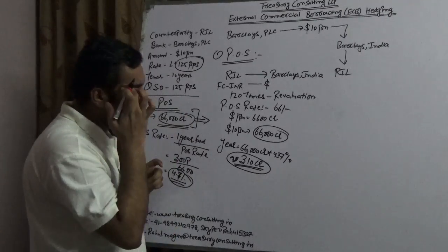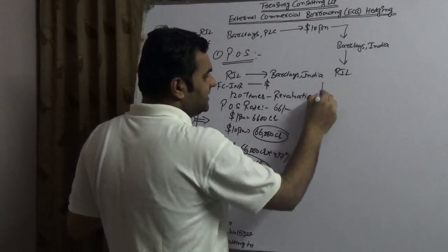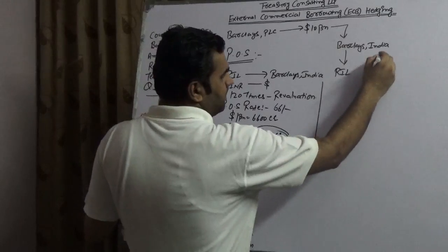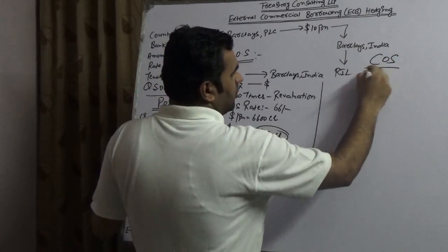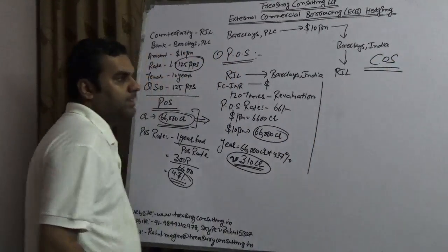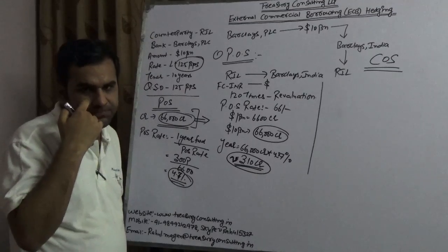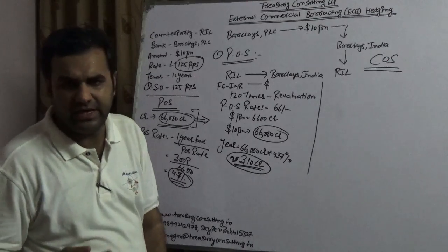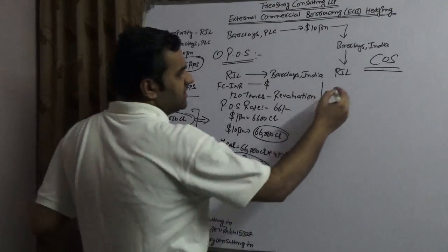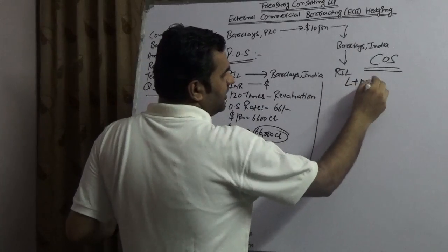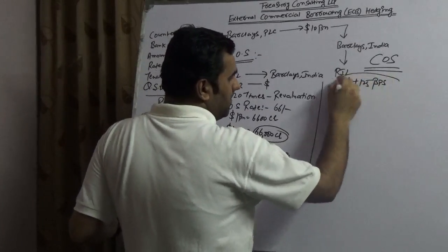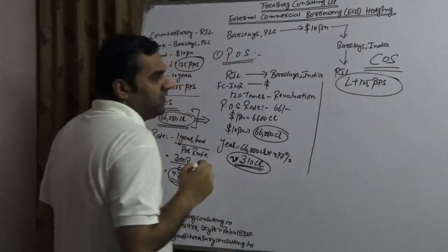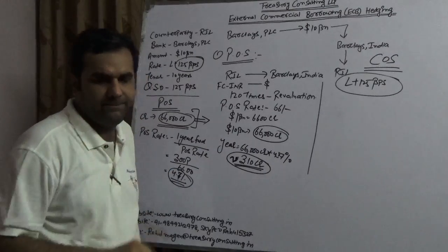Another thing which we have here is known as COS, coupon only swap. What a coupon only swap is: they are still exposed to one rate, and that rate actually is LIBOR plus 125 basis points. We understand that LIBOR is inching up.